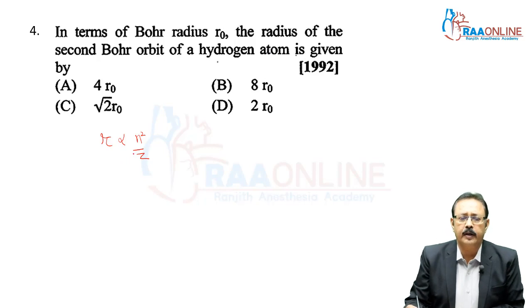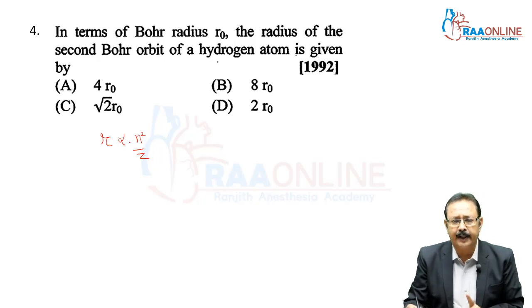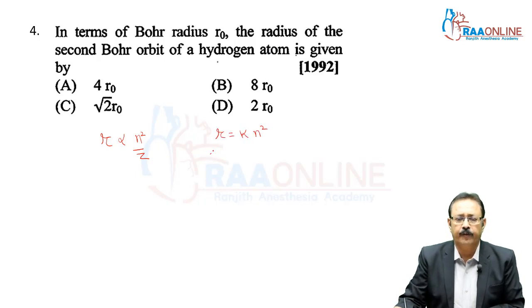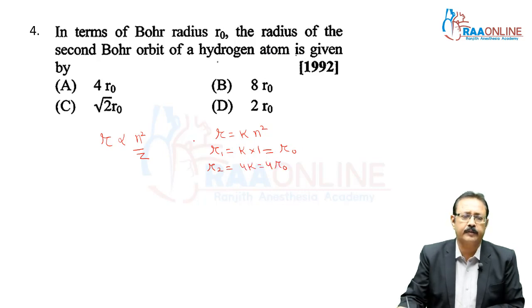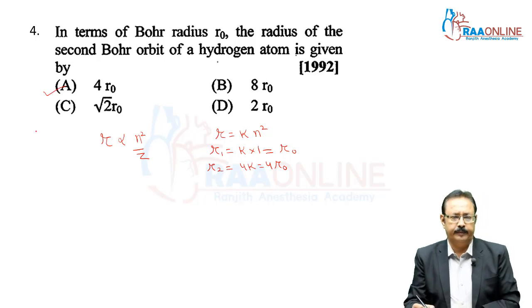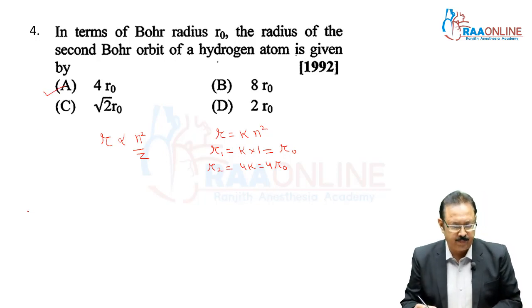We are talking about only hydrogen, so z is 1. R is proportional to n square. If you move to the second orbit, R is equal to some constant into n square. For the first orbit, it is k into 1, means k. They are saying the radius of the first orbit is r0. For the second orbit, n is 2, means 4k. It means it should be 4 r0. So, we are going with A option.